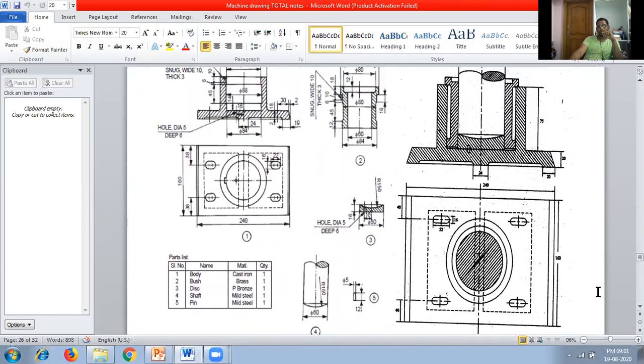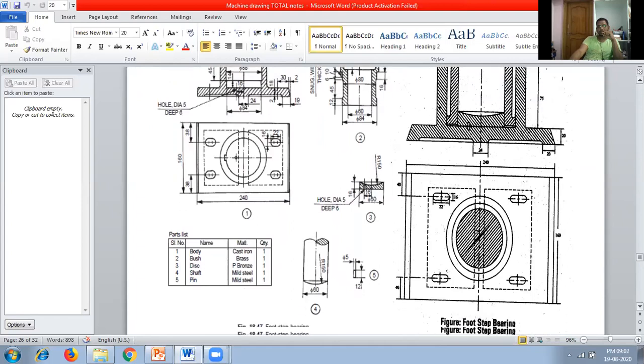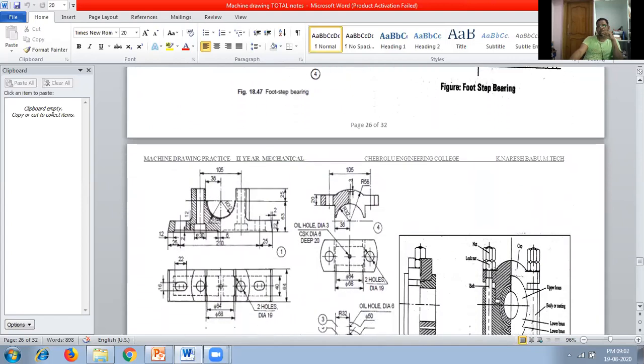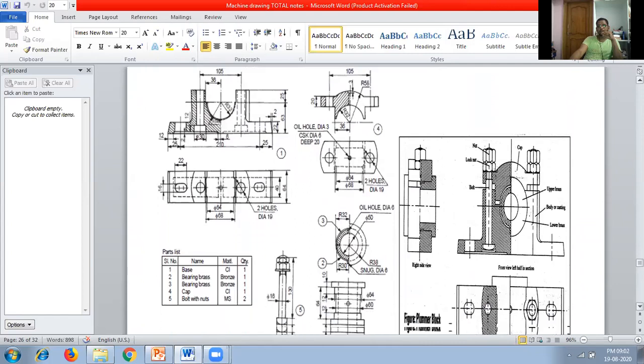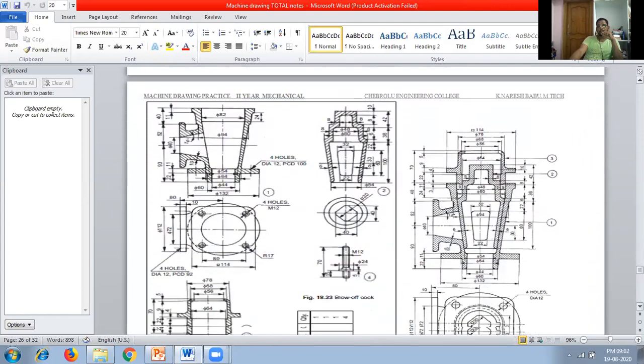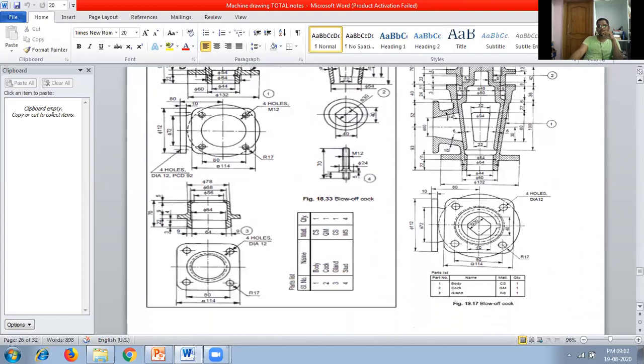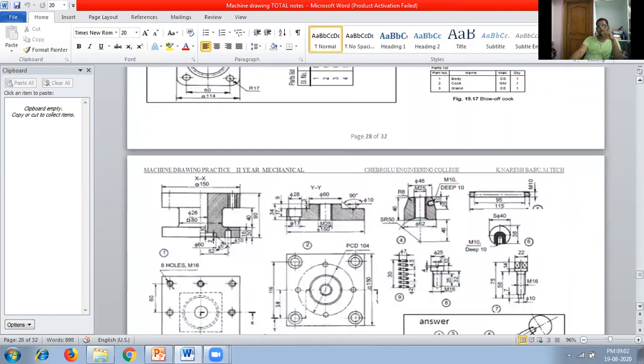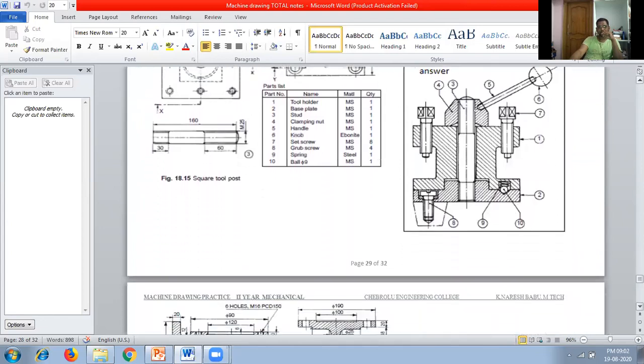This is the example for footstep bearing. This is the example for plummer block bearing, and this one is the example for blow off cock. This is the example for square tool post.